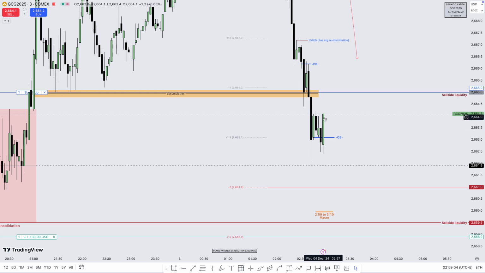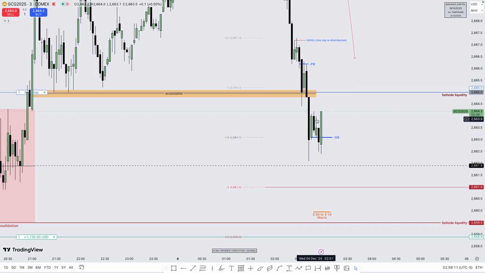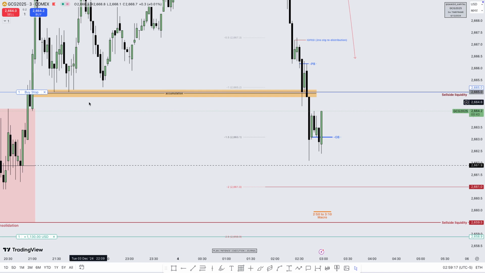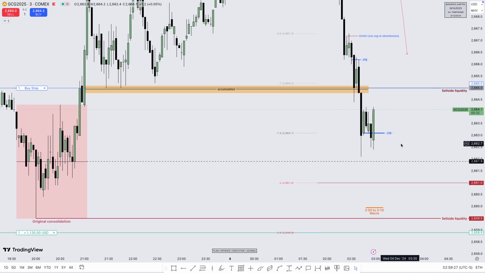We can retrace and do all of this, but we leave this high untouched. And if it does, it shouldn't close above this high. If it does, then I'm happy to be tagged out inside that, because then I don't want to see it close above that high.